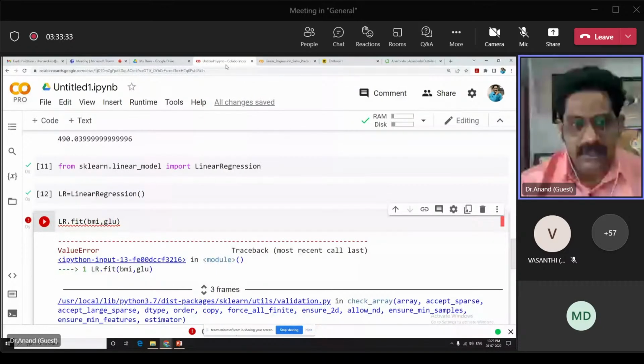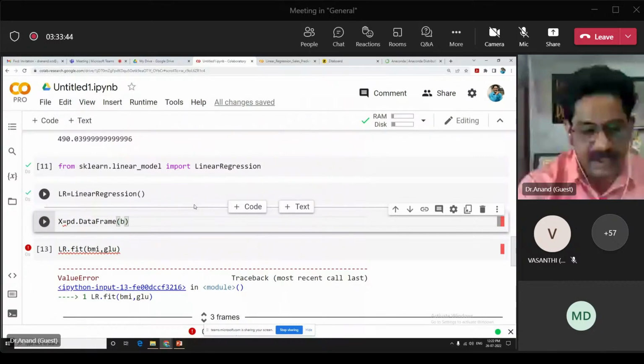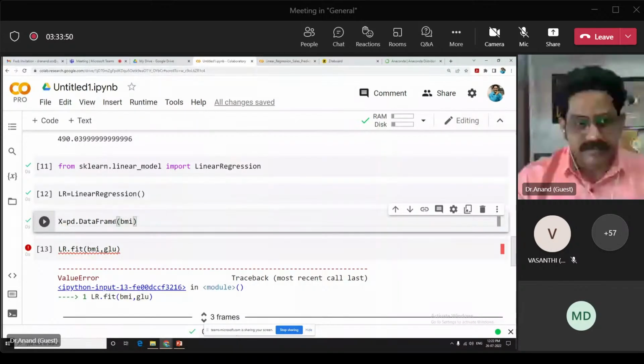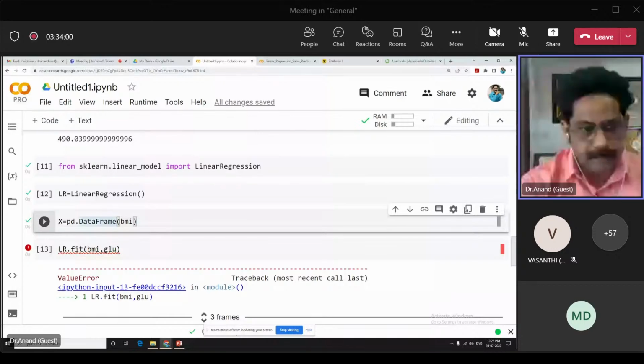So I have to prepare my x according to the requirement of a data frame format. I have to represent my BMI as a data frame or pandas series. So a data frame is typically this structure. If you have a single column, we have something called a series structure, pd.Series.